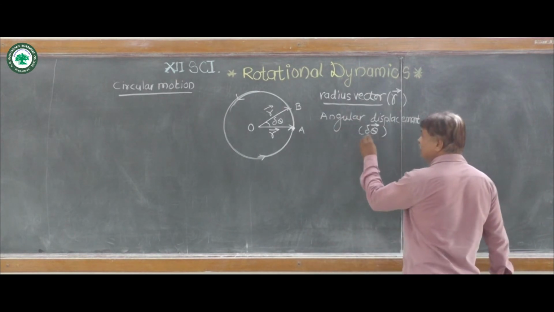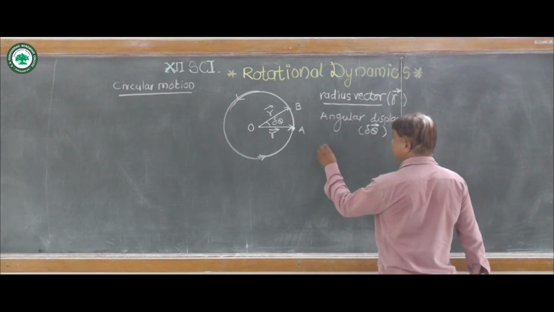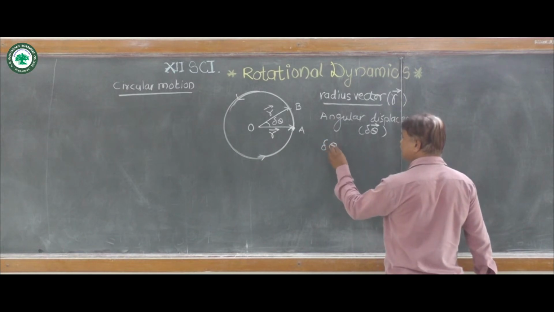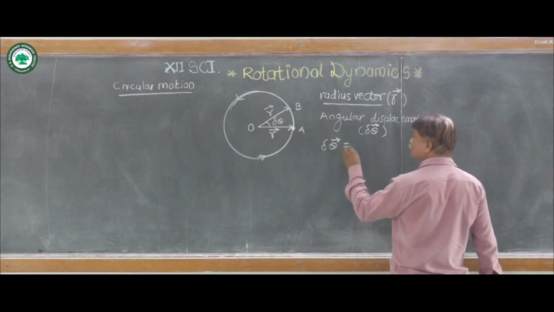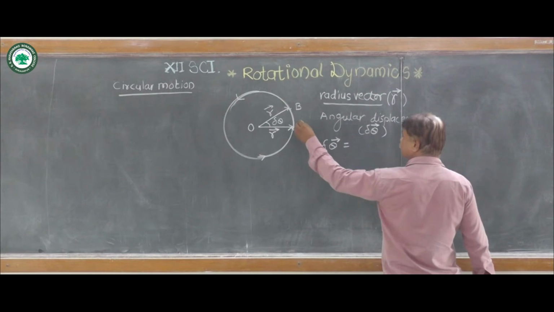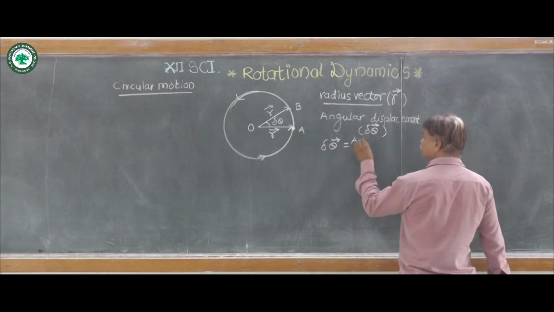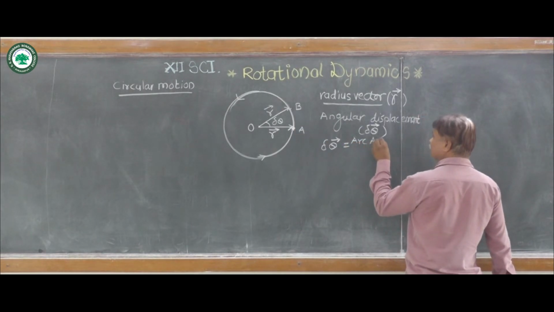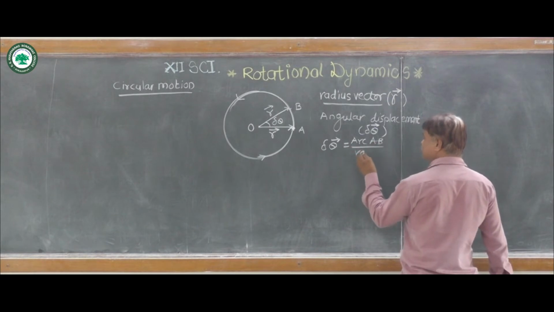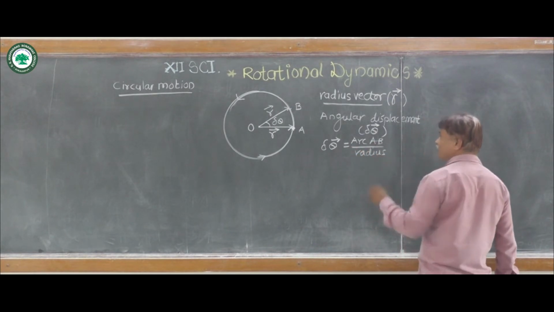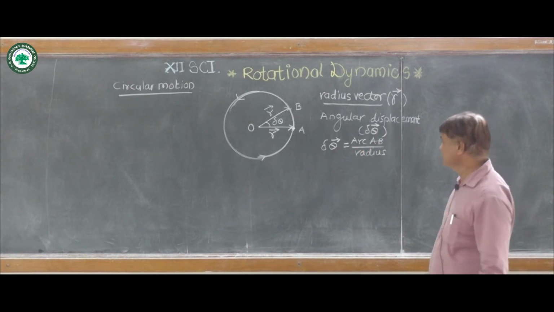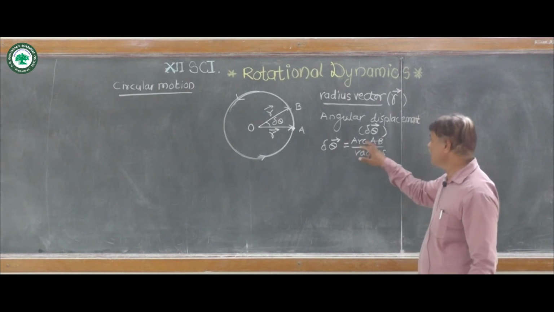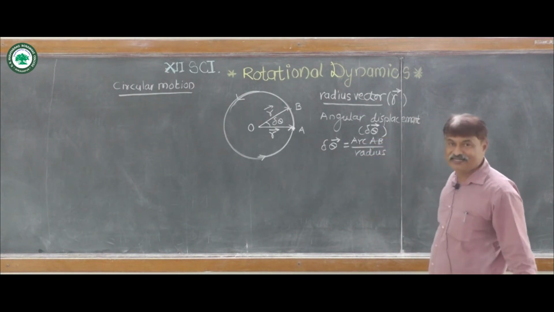So, this angular displacement can be given by the formula delta theta bar is equal to arc AB upon radius. The formula for angular displacement is delta theta bar is equal to arc AB upon radius.